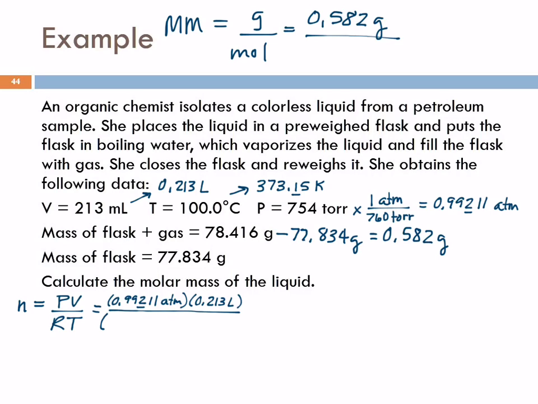R, 0.08206 liter atmospheres per mole kelvin. Temperature in kelvins, 373.15. Check the units. Atmospheres cancel, liters cancel, kelvins cancel. I end up with a unit of 1 over 1 over moles, which is the same as moles.